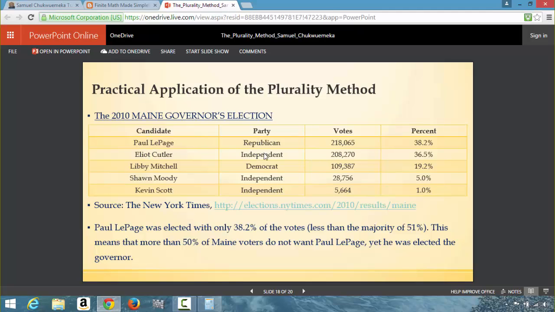Before this election, the polls had it that it would be a tight race between the Republican and the Independent. I don't know whether you've noticed, and this happened in Kansas in this past election, whereby when there is a hotly contested race between a Republican and an Independent, Independents tend to go Democratic.